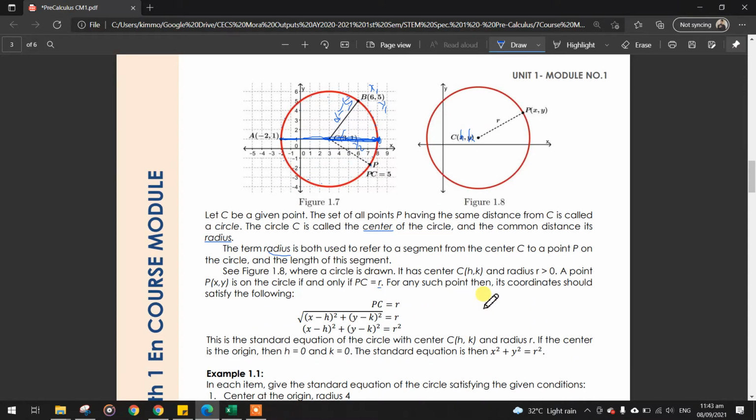So for any such point then, its coordinates should satisfy the following. So again, PC, that is the distance from any point of your circle going to the center, and they should be equal to our radius, di ba? So ang distance ani kay equal siya ni radius.